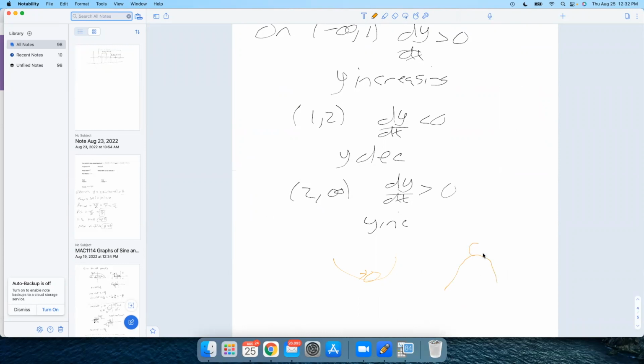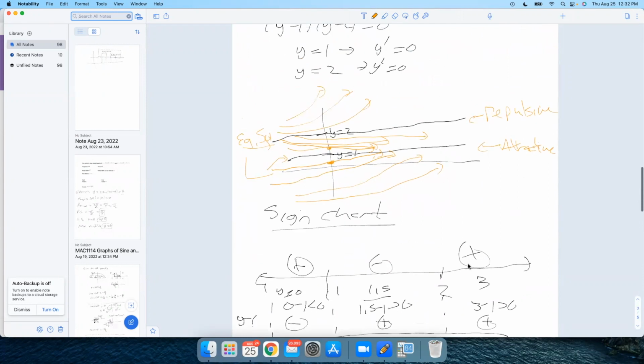An unstable equilibrium is a ball at the top of a hill. If you give it a shove, it'll roll away. It won't come back to equilibrium. So this is a stable equilibrium solution, and this is an unstable equilibrium solution.